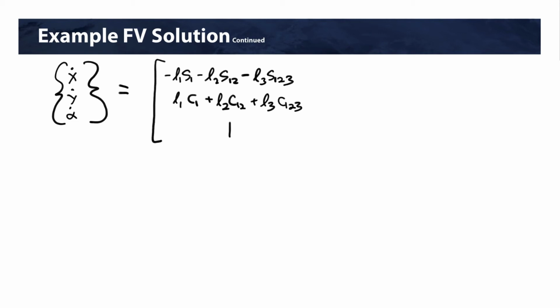So that's everything associated with joint 1. Our second column is everything associated with joint 2. And our last column of this matrix is everything associated with joint 3.